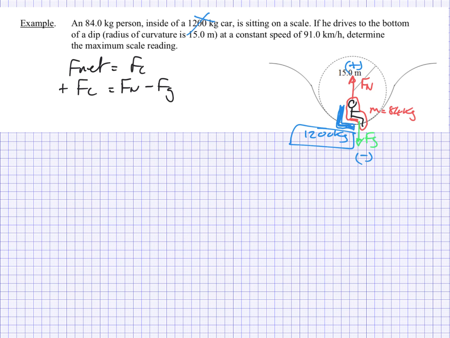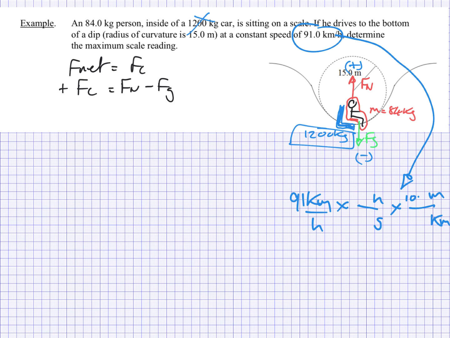Just as a side, and while I remember, I want to make sure that I don't fall for this trick as well. Of course, 91 kilometers per hour is not the units that I want to use. I want to be in meters per second since I'm using forces. So I'm going to get rid of my hour by putting it on the numerator, giving myself seconds, and then I'm going to get rid of the kilometer by putting it on the denominator and give myself meters.